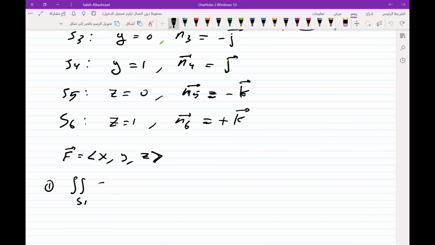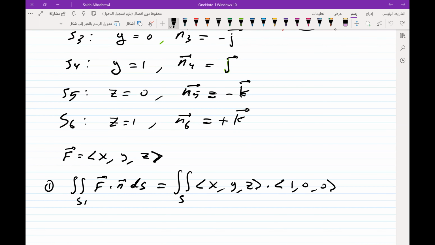The flux through S1 is the integral of f dot n ds, which is the integral of x, y, z dot 1, 0, 0 ds.